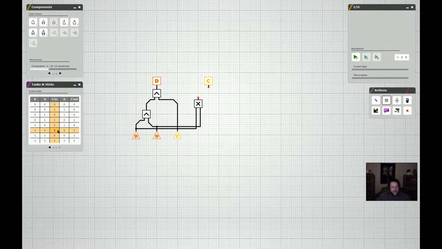The next one is A and Cn. So when A and Cn are 1s, okay. Well, actually, let's narrow it down. When A is 1, B is 0, and Cn is 1. So when A is 1 and B is 1, or actually also this row, when A is 0 and B is 1, but Cn is 1, we're basically getting that right here, right?